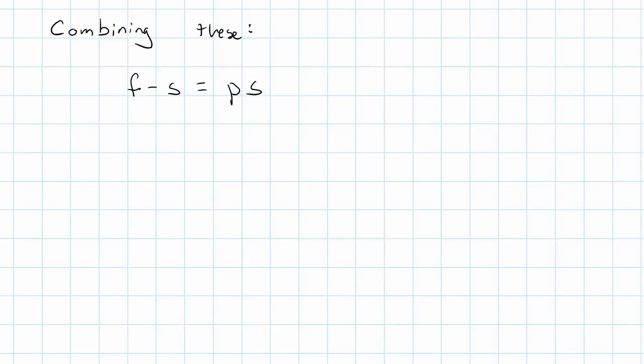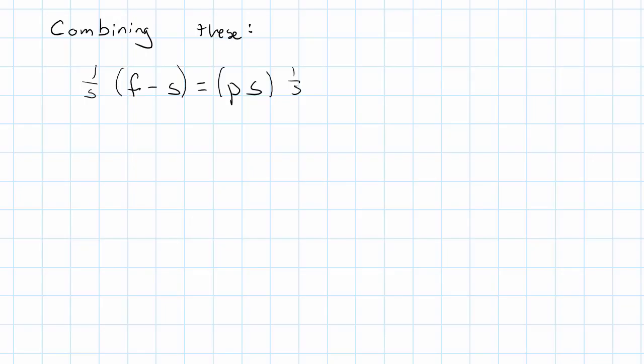Now we're going to use this formula in order to find percent change, so I want to take one extra step in manipulating it. I want to multiply both sides by 1 over s. Notice I'm making an assumption that the starting value is not 0, since I can't take 1 over 0.